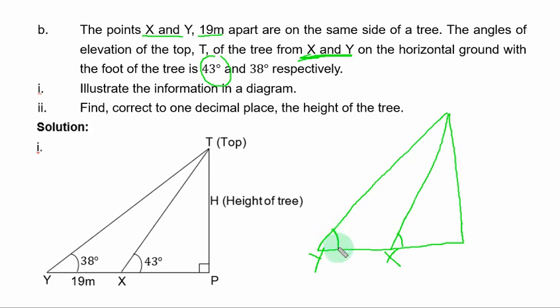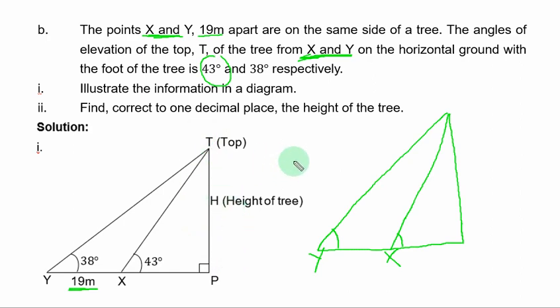You must be careful in arranging S and Y, not in this order, but from the angles of elevation. Of course, S and Y are 19 meters apart. Then you are asked to find the height of the tree.